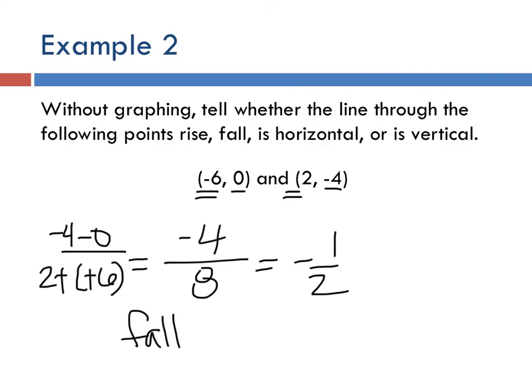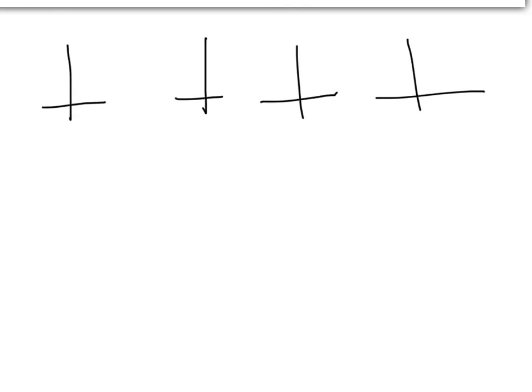So let me just review everything again. You have 4 different graphs. If it's positive, it rises, and that means m is greater than 0. If it's negative, it falls, and that means m is less than 0.